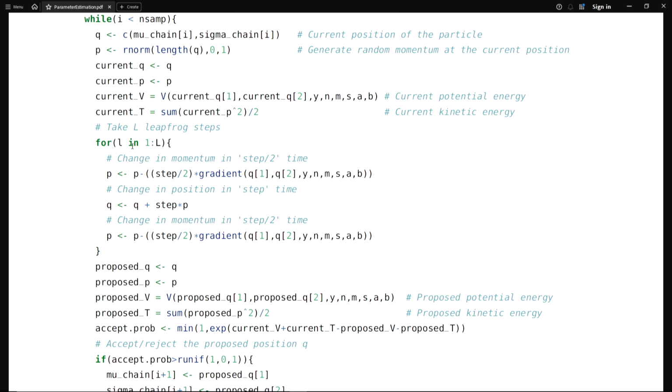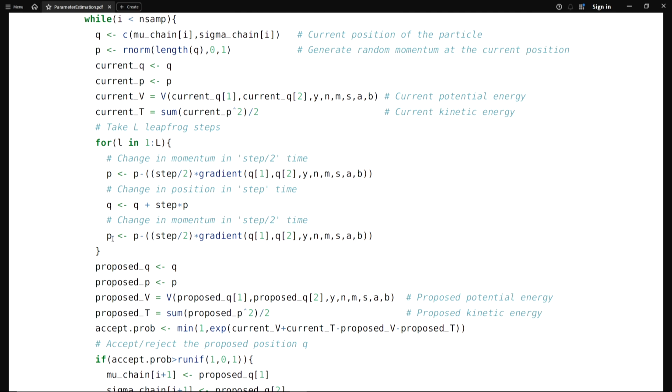So I go for l in 1 to L, and each time I update P: a half step update in momentum, P minus step over 2 into gradient. Then a full step update in position, Q plus step into P, because the gradient will be just the momentum.